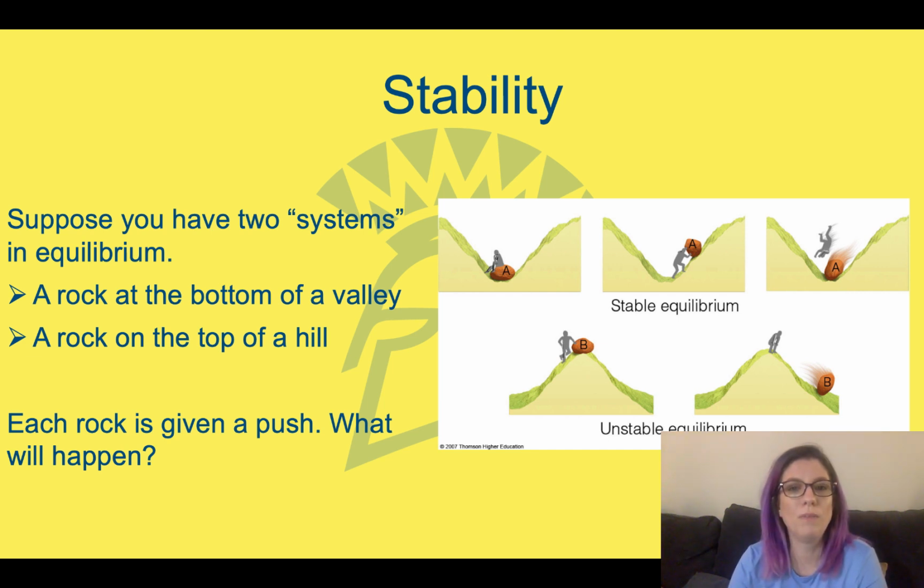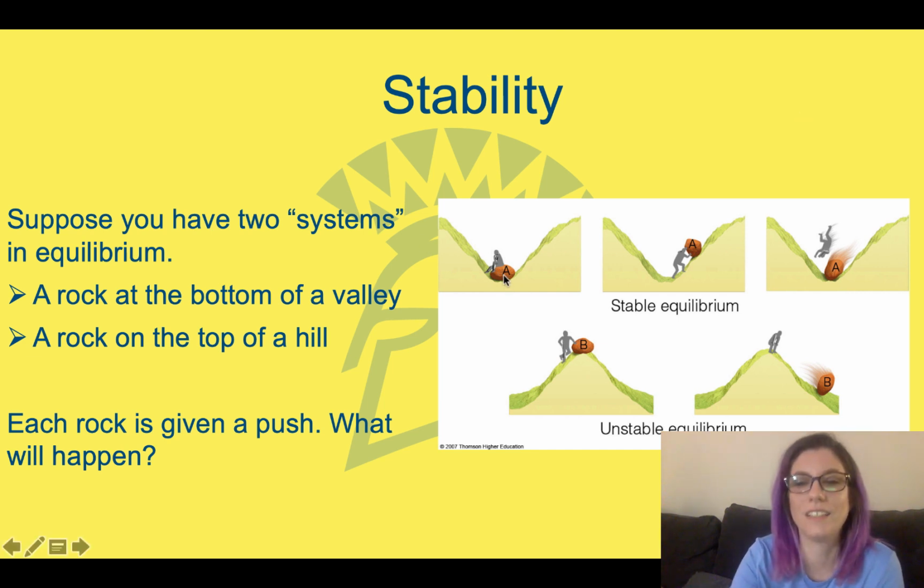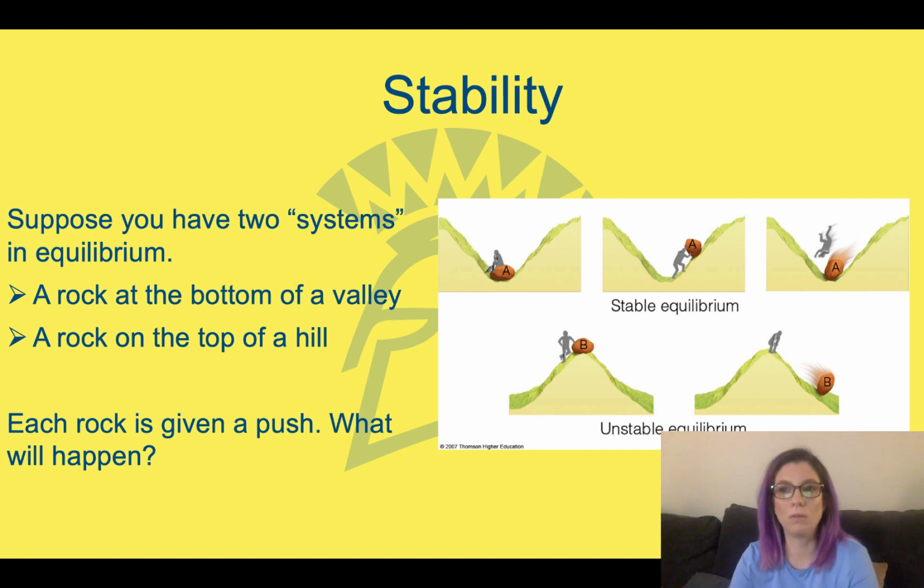If we start with the rock at the bottom of the valley and push it up to the top and let it go, gravity is going to pull it back down to its original state. That would be like a stable situation.